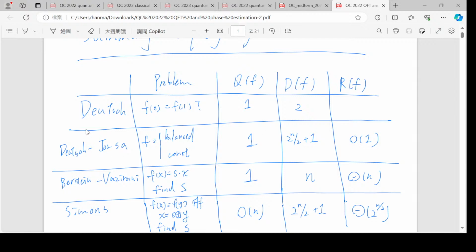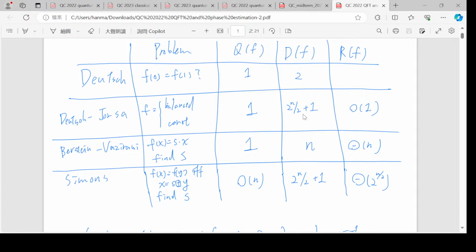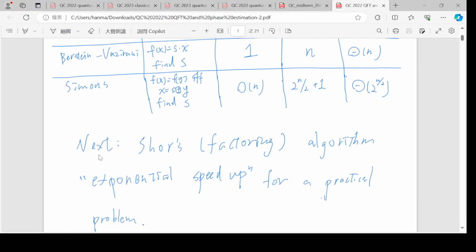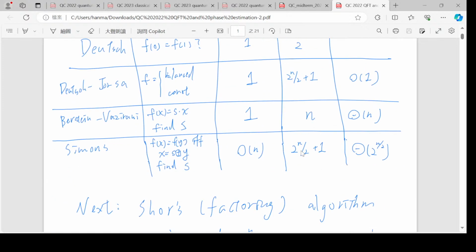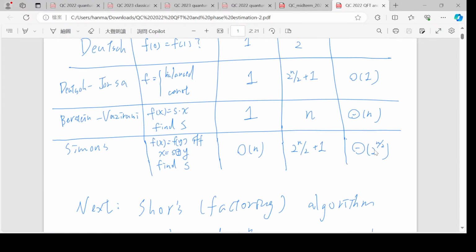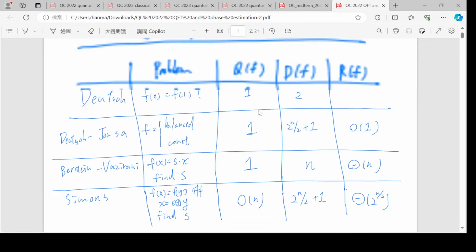Then we have the Deutsch-Jozsa algorithm, which says you can solve with one quantum query, versus a constant number of randomized classical queries, or 2 to the n over 2 deterministic classical queries. And then with Bernstein-Vazirani, you have 1 versus n, and Simon's algorithm has order n quantum queries, but order 2 to the n over 2 classical queries. So we see good separation in those query algorithms.